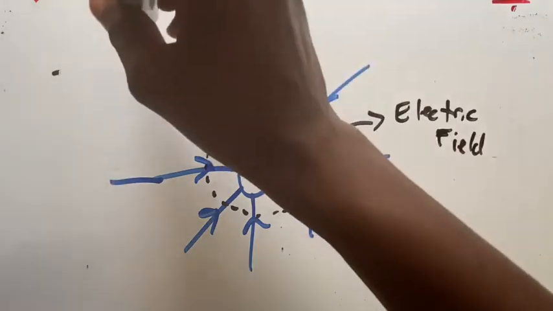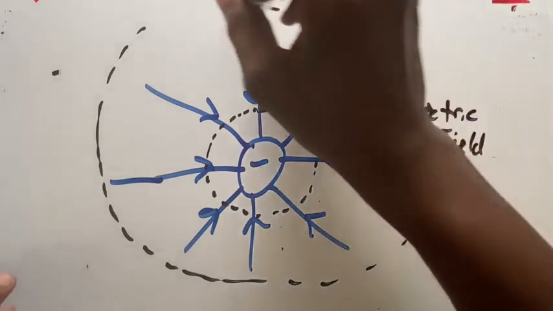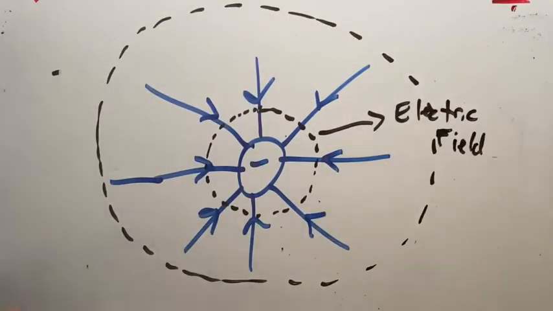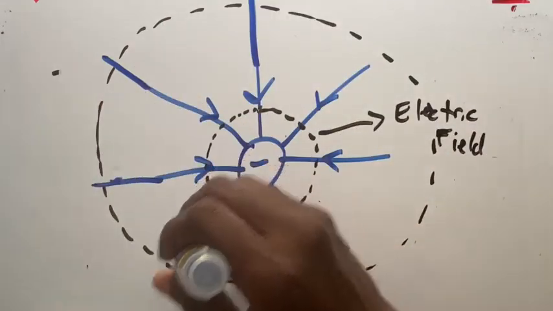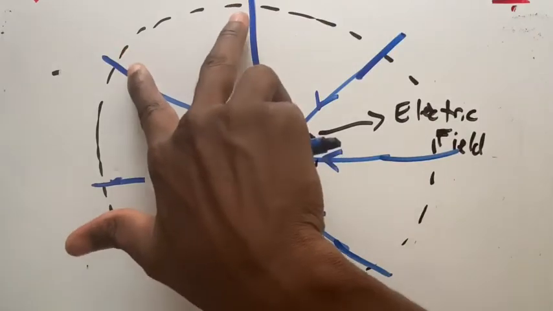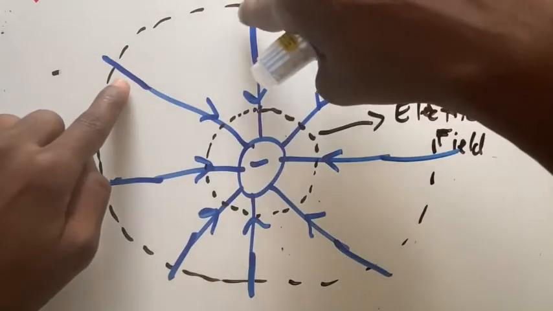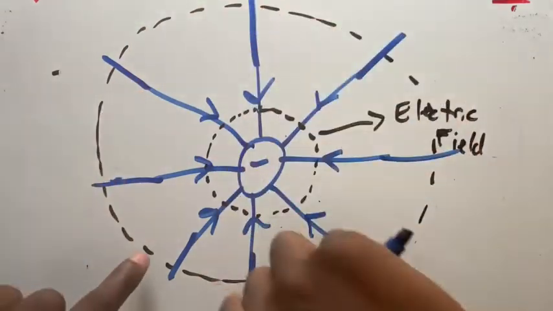So let's say I want to find the electric field way out here. Well, way out there, notice the spacings between the electric field lines are actually way bigger.